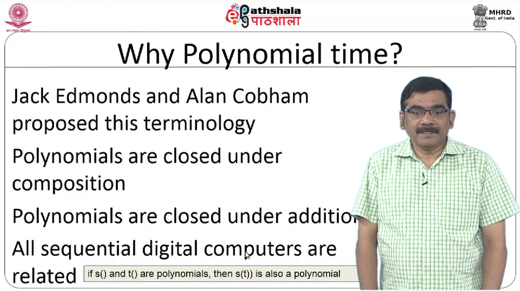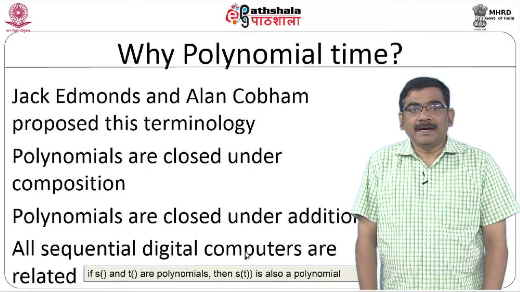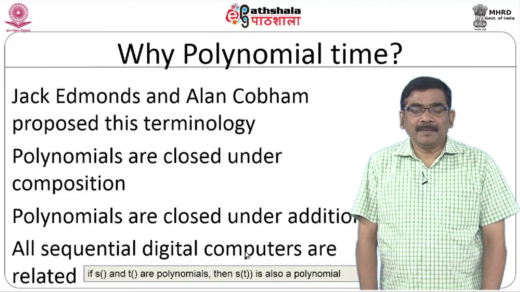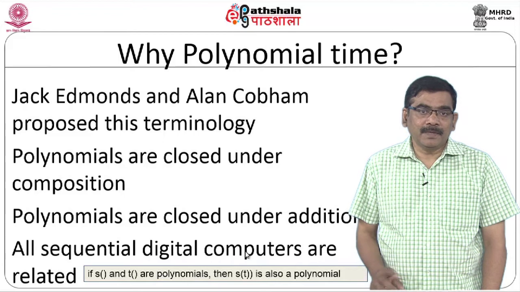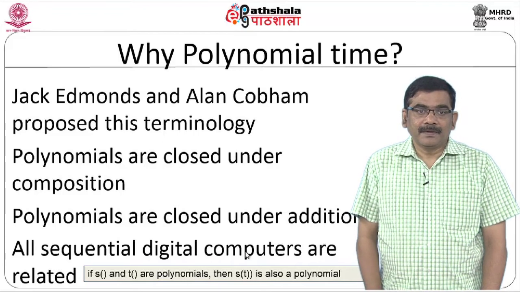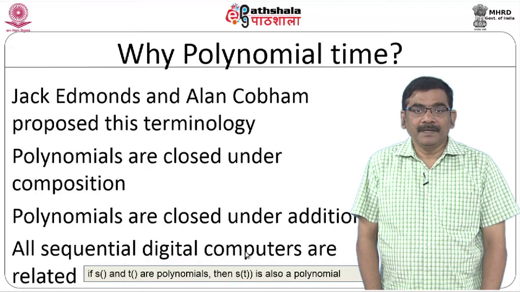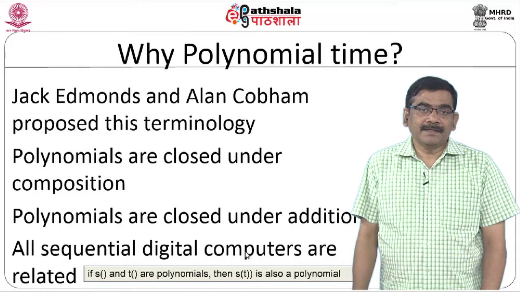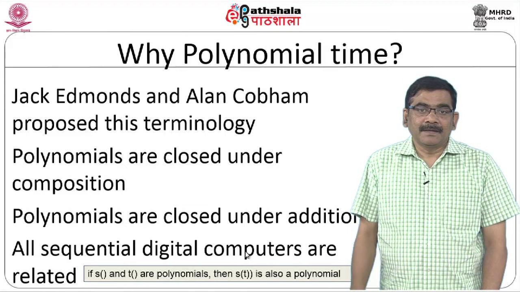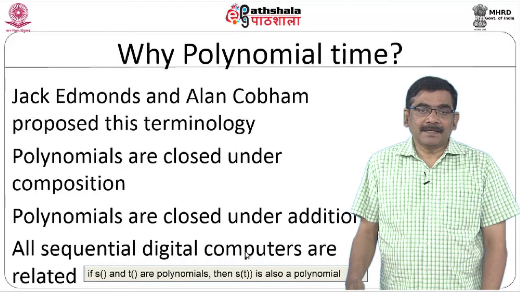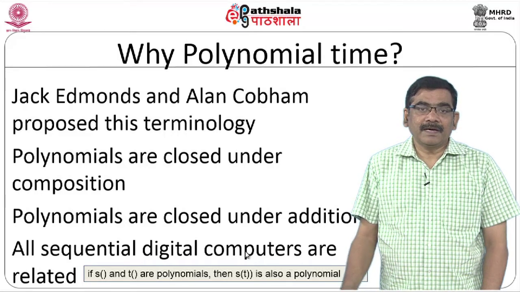Similarly, polynomials are closed under addition also. In other words, S plus T is equal to T plus S, and if a problem can be solved on two computers using different polynomial times, then one polynomial can be represented as another form of another polynomial.